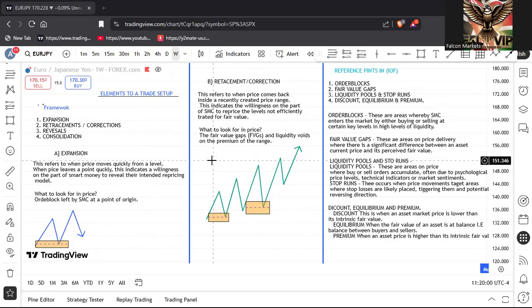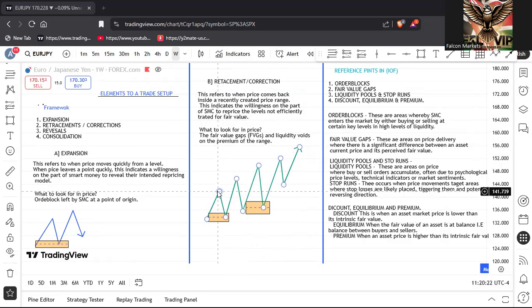The second thing is the retracement or correction. This refers to when the price comes back inside a recently created price range. This indicates the willingness on the part of smart money to reprice the levels not efficiently traded to fair value. What to look for in price? The fair value gaps and liquidity voids on the premium of the range.